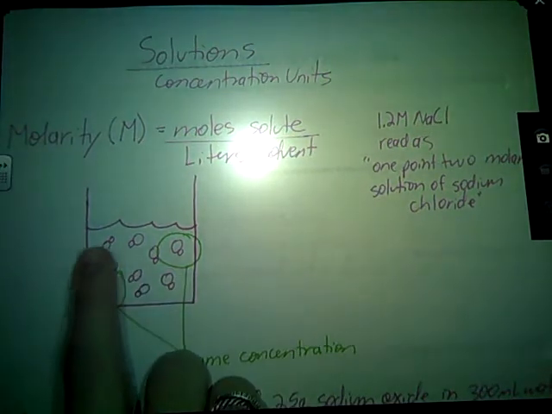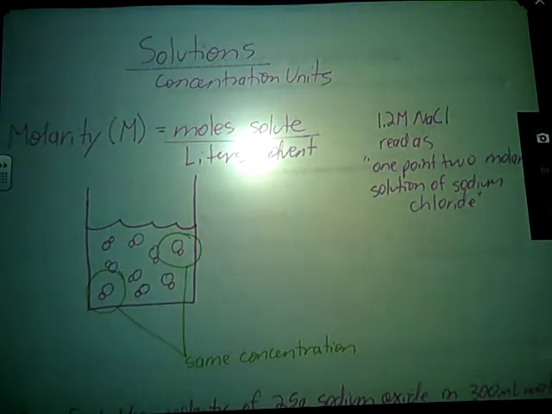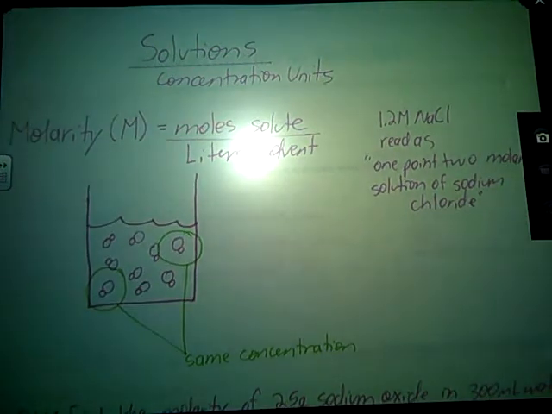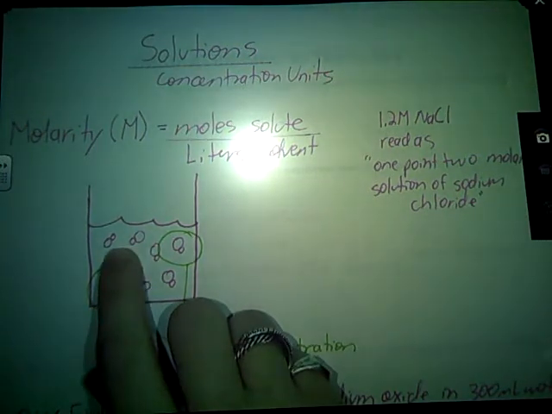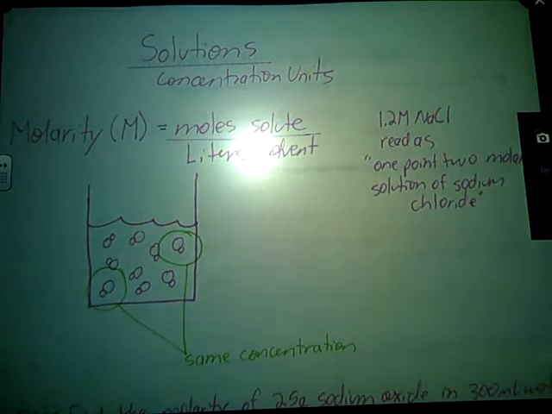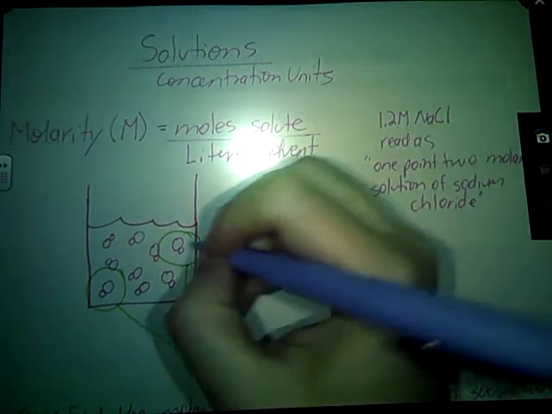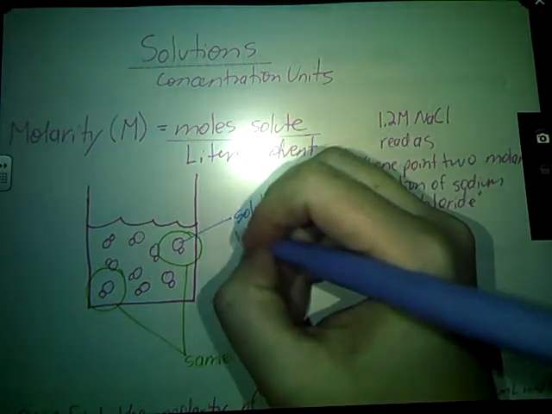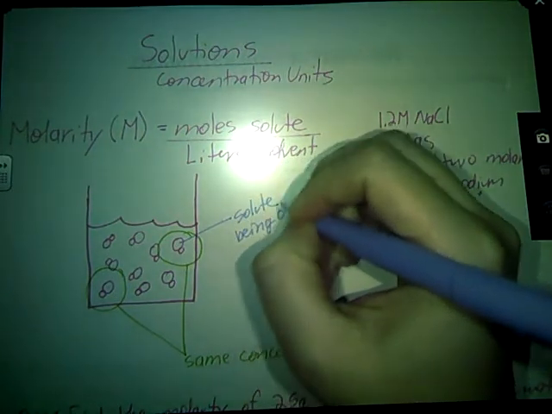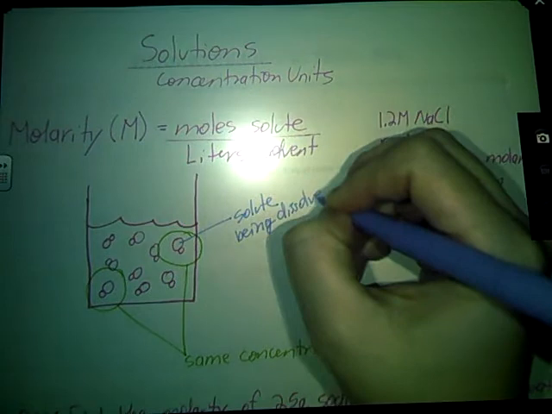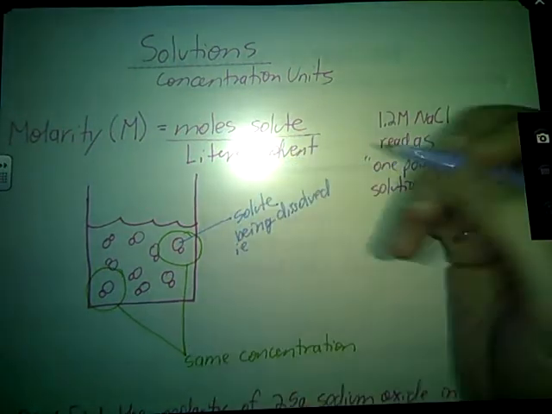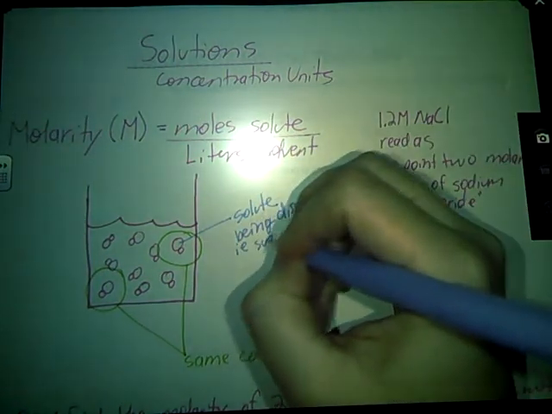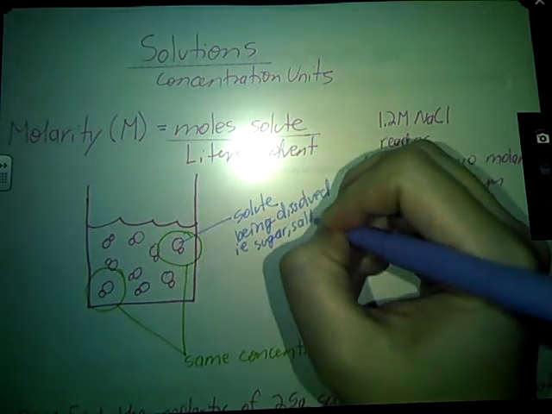You can see I've got my solvent, the thing that is doing the dissolving. My liquid, the universal solvent, is usually considered to be water. Then I've got my solute, my little particles that are dissolved in my solvent. Our solute could be things like sugar, salt, anything you like.